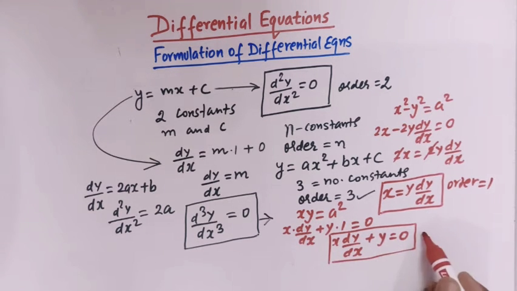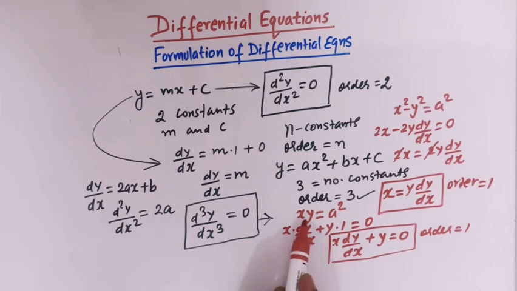So the order is again 1. So always remember, the order of the differential equation corresponding to the general solution is equal to the number of arbitrary constants contained in the general solution.